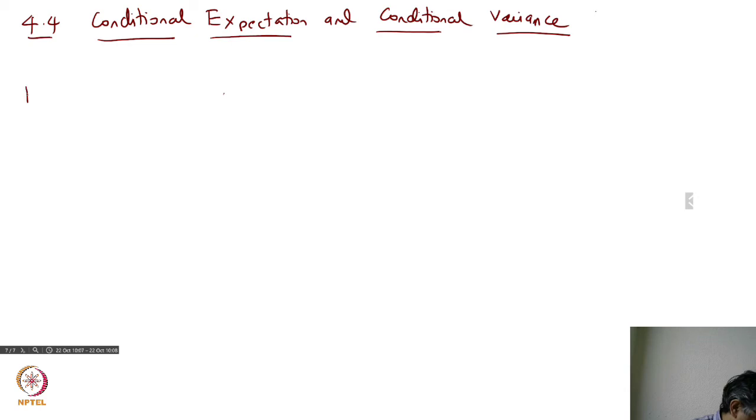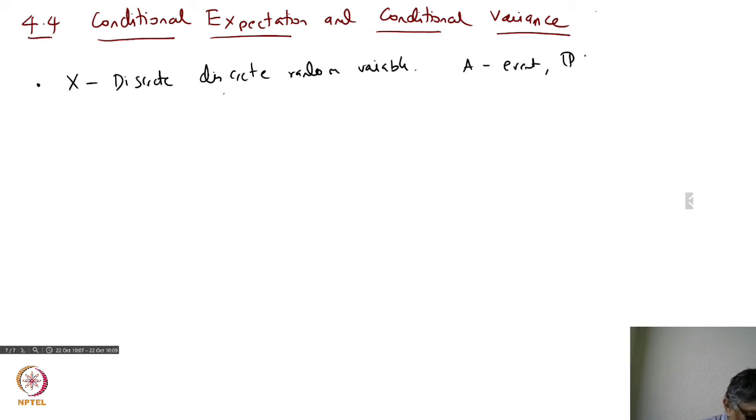Before that, let me just write down. If X is a discrete random variable and A was an event, the probability of A is positive.